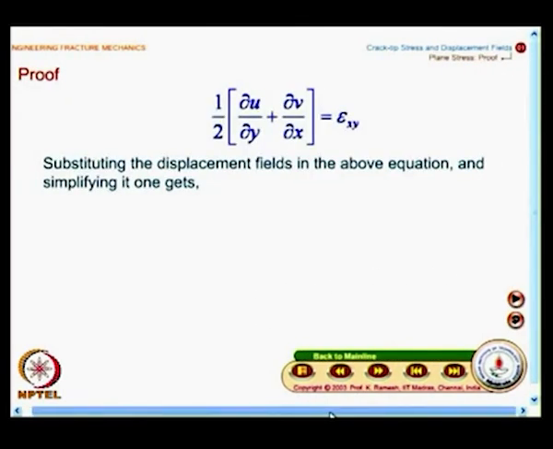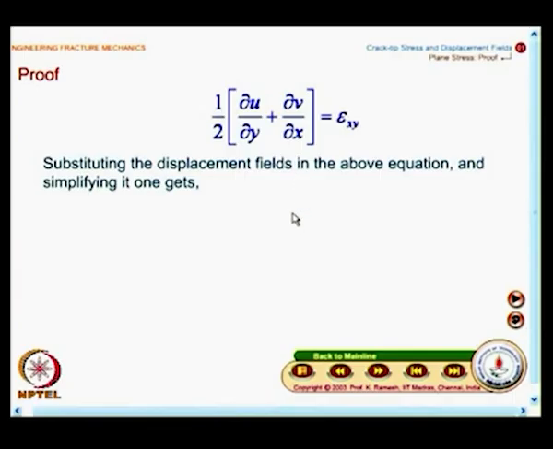So, for that I need to look at what will happen to this expression, because we had seen we also have an interrelationship between displacements in the form of epsilon xy. So, I will have to evaluate 1/2 of ∂u/∂y plus ∂v/∂x. We have already got the expression for u and v in terms of the integration constants, which are actually functions f of y and g of x.